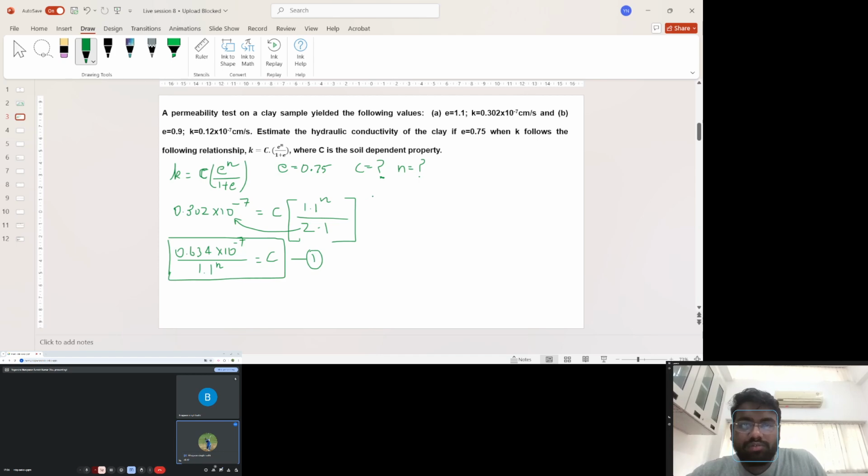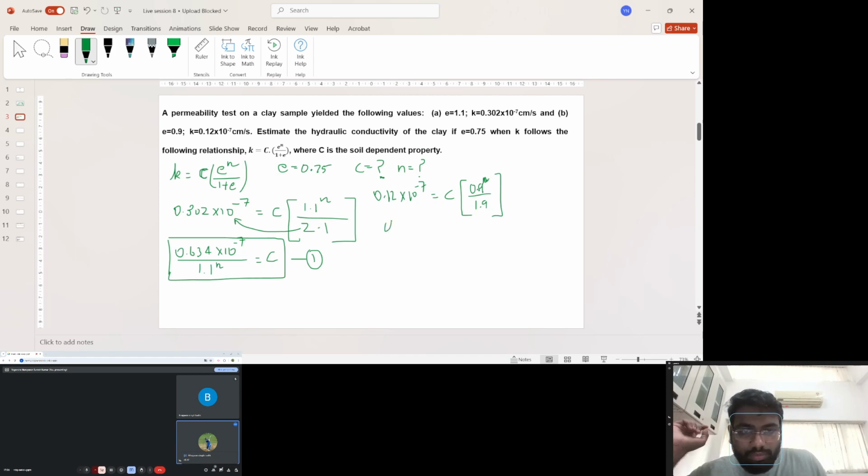So the second equation will be 0.12 into 10 power minus 7 is equal to C into 0.9 power n by 1.9. Now take this to this side, 0.12 into 1.9.